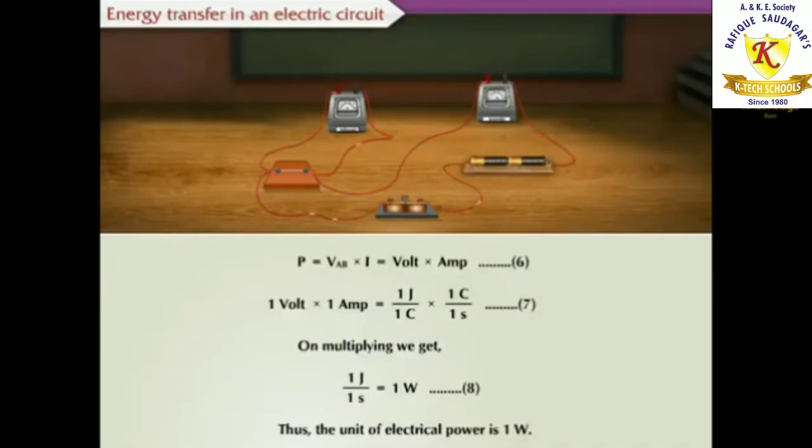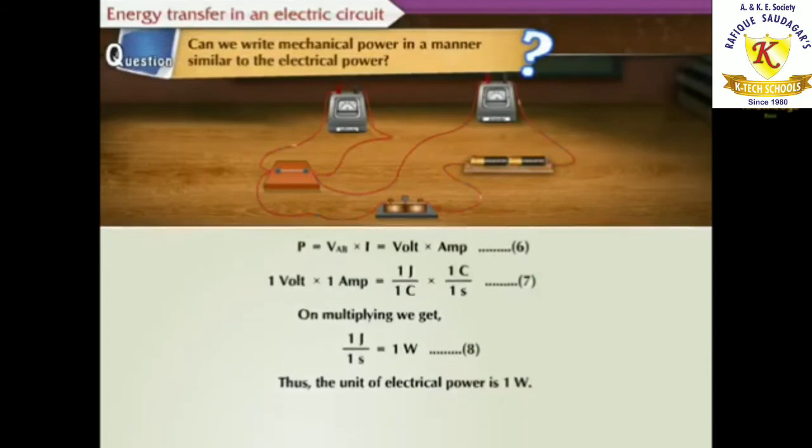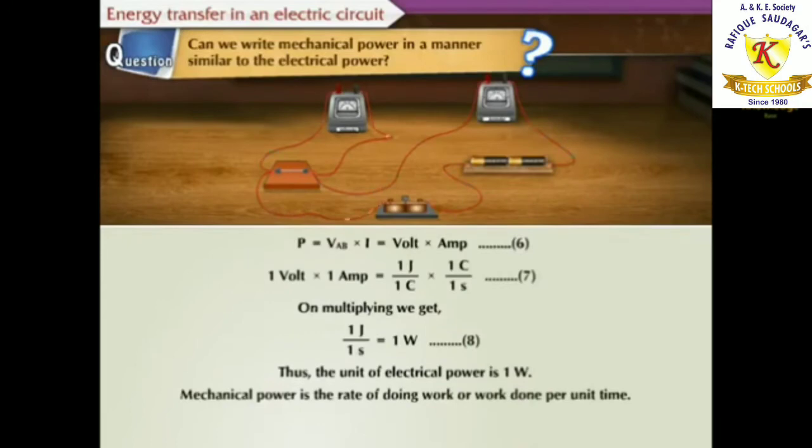So, the unit of electric power is 1 watt, isn't it? We have just learned. So, can we write mechanical power in a manner similar to the electrical power? Yes, mechanical power is the rate of doing work or work done per unit time.